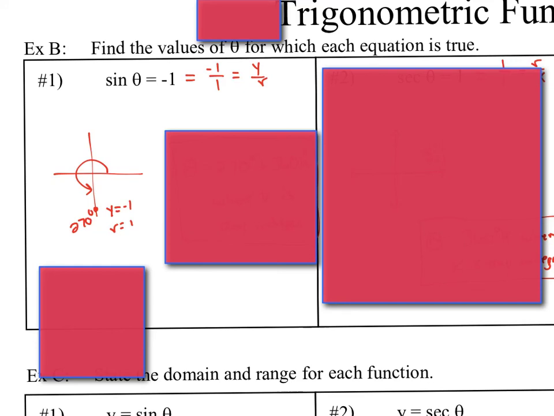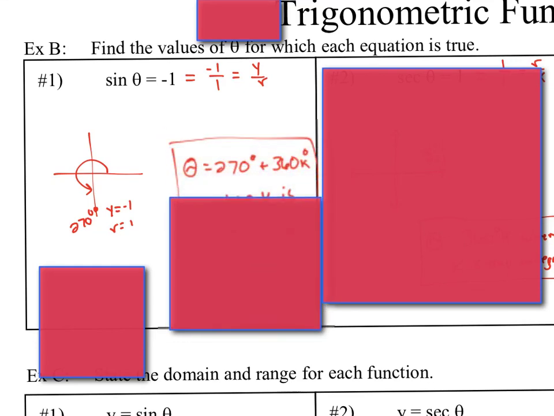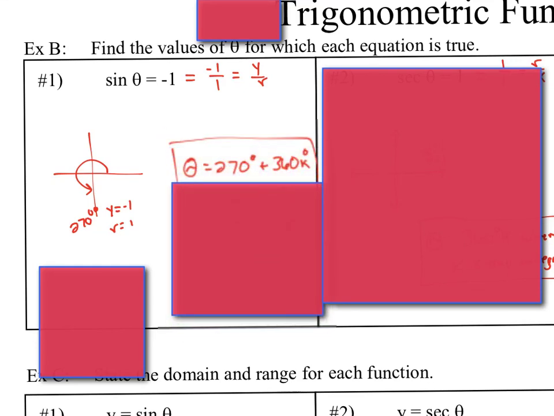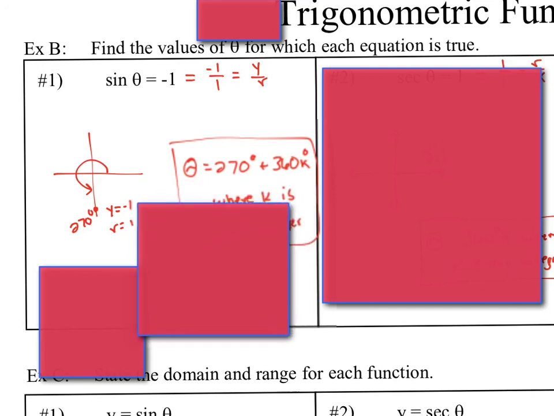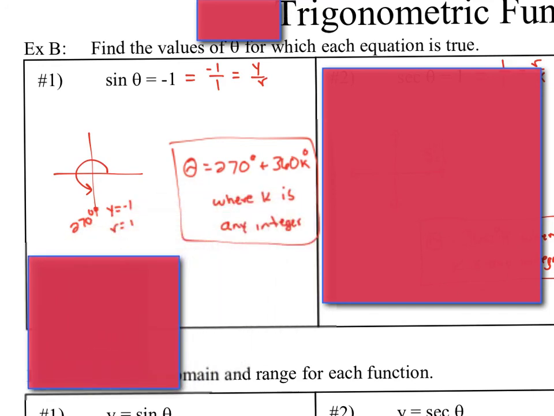So to include all answers, we would say that theta is 270 degrees plus, now this plus is important, plus the period of the trig function. Sine's period is 360. So every 360 degrees is going to repeat itself. So we say 270 plus 360k, where k is any integer. Any integer you want in for k, and that will land on that same spot.